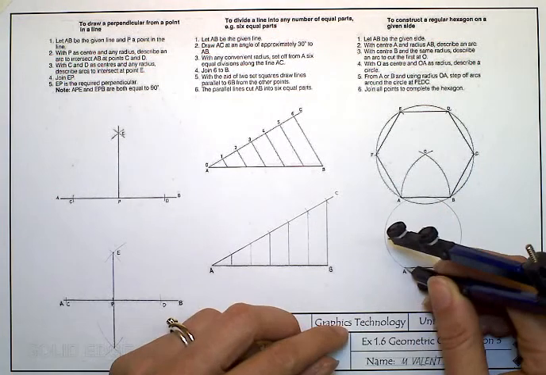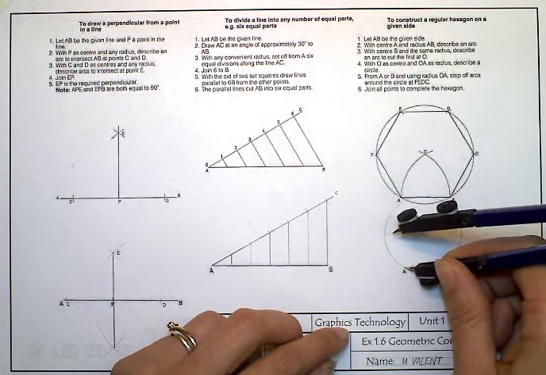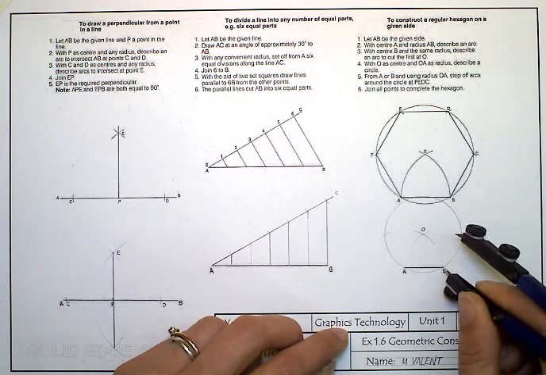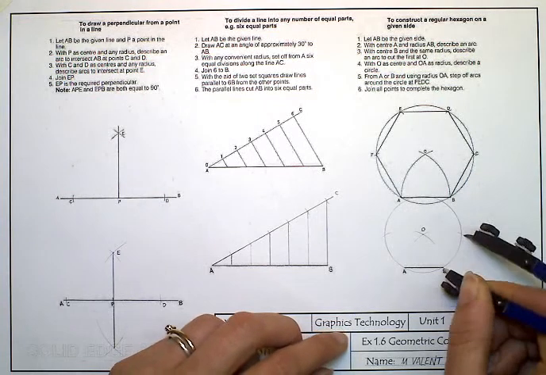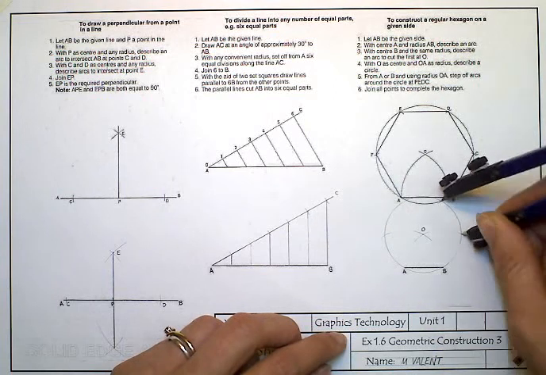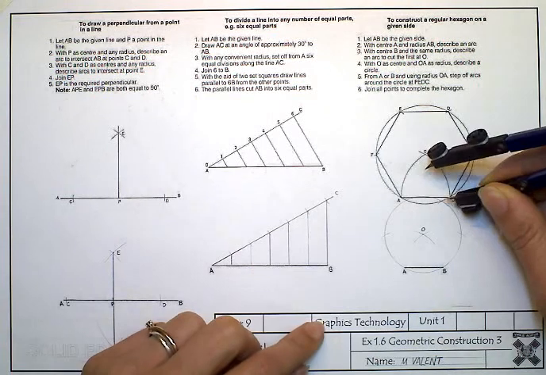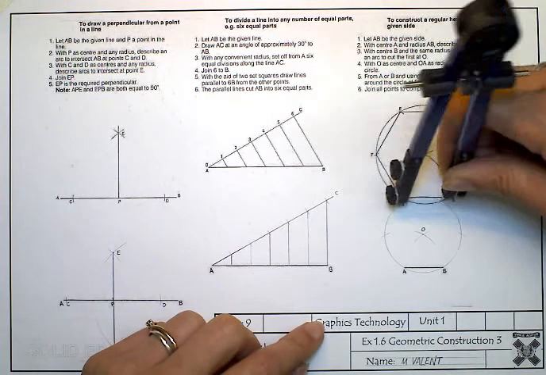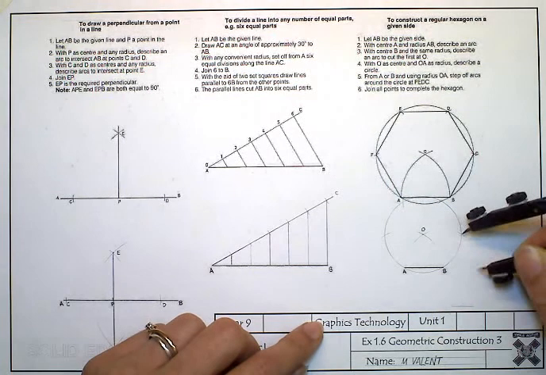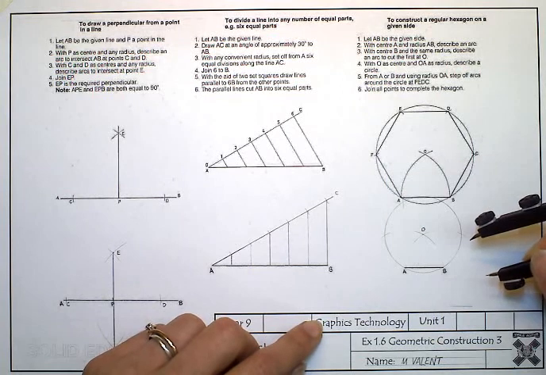So setting our compass to point A, going to mark off the same distance away from A. You might want to go around this way, and you can work your way around the circle edge. That one seems to be right on the example. It's a bit hard to see. Make sure that you don't get the lines confused. And there you go, you've got the whole circle divided into 6 equal parts.